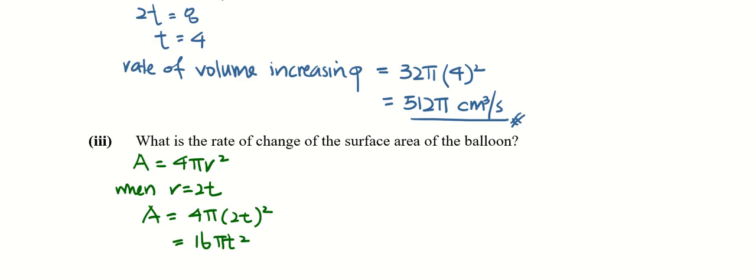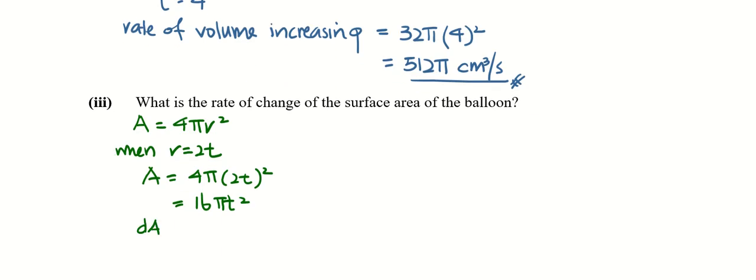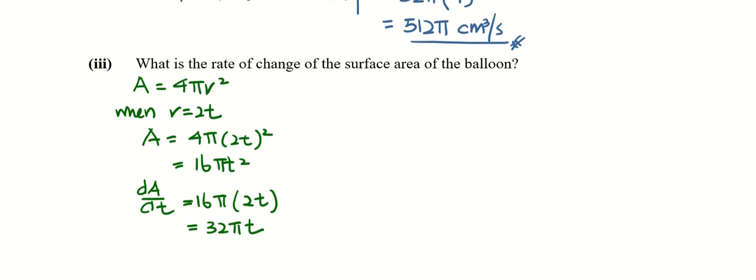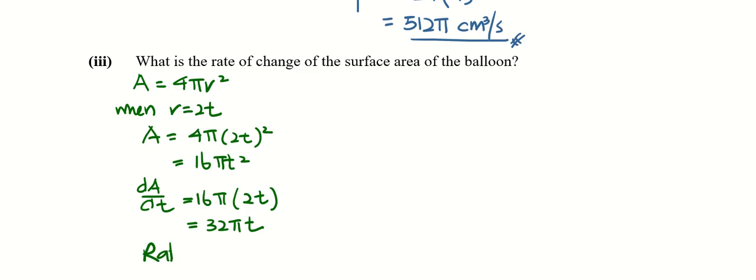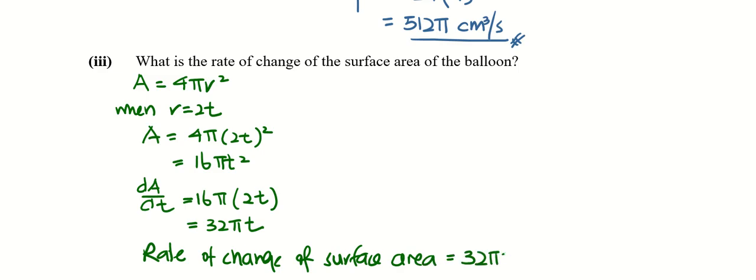So your dA over dt, that will give you the rate of change of the surface area. 16 pi, bring down the power, t to the power 1, so you get 32 pi t. So the rate of change of surface area is 32 pi t. This is cm squared, not cm cubed per second.